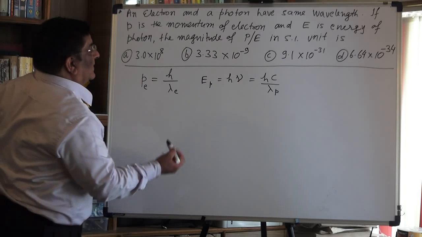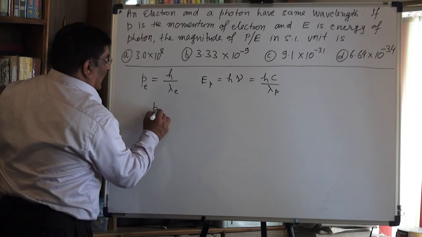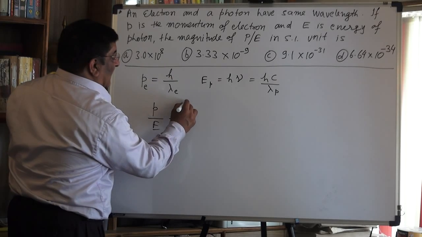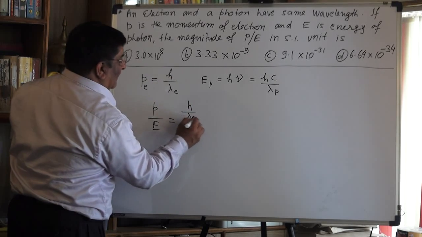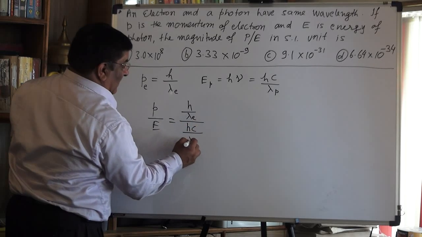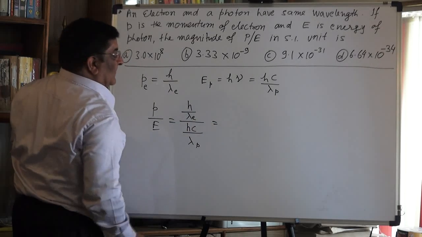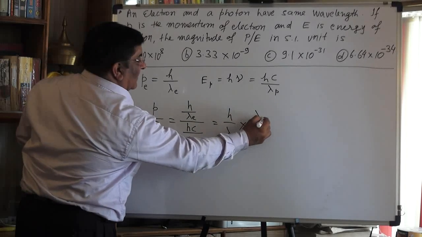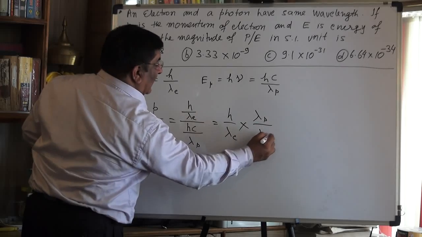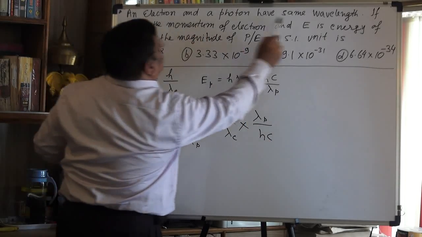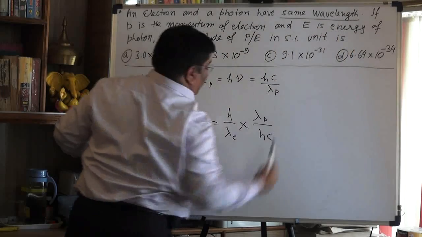Now P upon E. Let's do P upon E. This is equal to h upon lambda for electron divided by hc upon lambda for photon. So h upon lambda for electron into lambda for photon divided by hc, and it is given to us that electron and photon have the same wavelength.